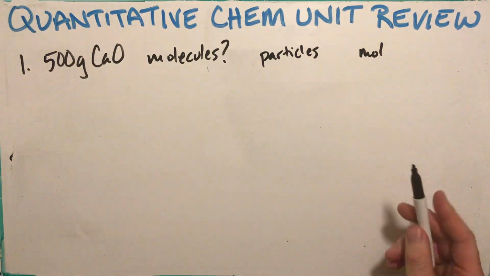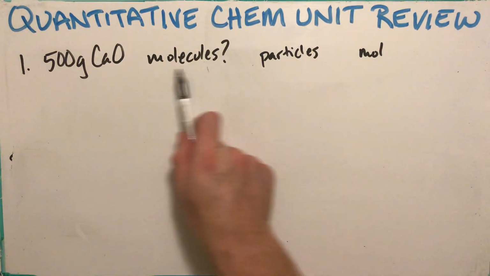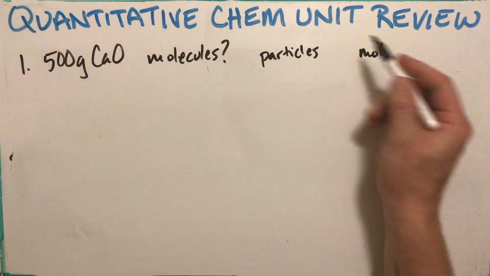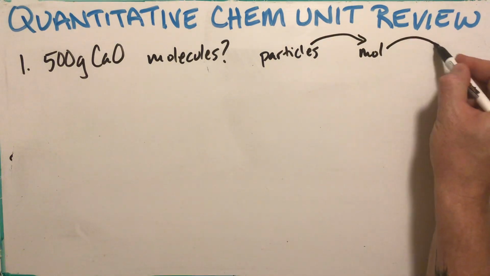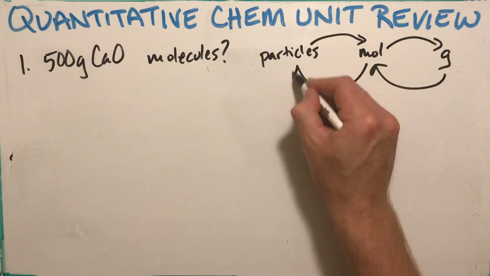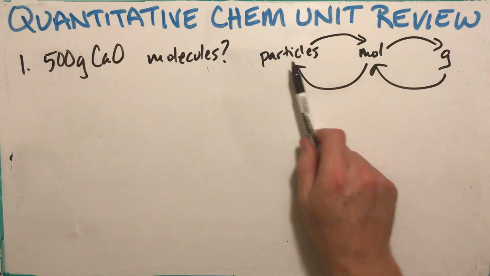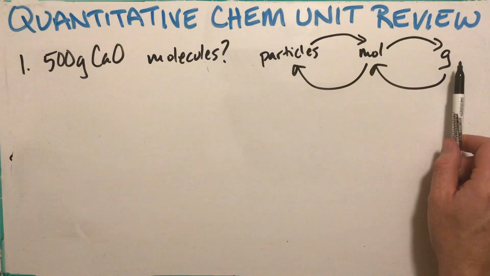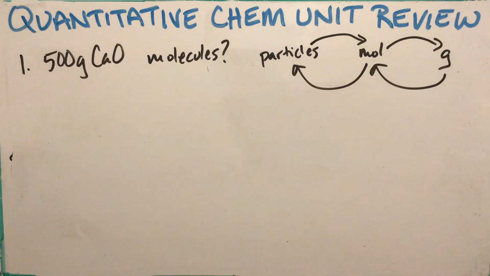Usually it's going to be atoms or molecules. In this problem, it would be molecules. But in terms of a general thing, we have to be able to go from particles to moles, moles to mass, mass back to moles, moles back to particles. You absolutely must know how to do that.